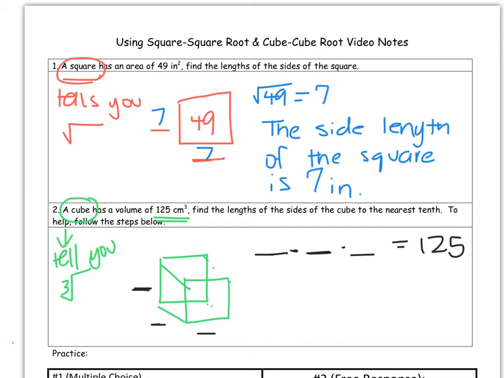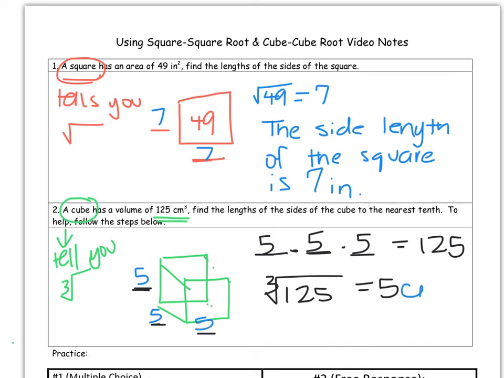So if you go back on your list of perfect cubes from yesterday, we know that 5 times 5 times 5 is 125. So therefore, the cube root of 125 is 5. And these side lengths of this cube, in this case, are 5 centimeters.